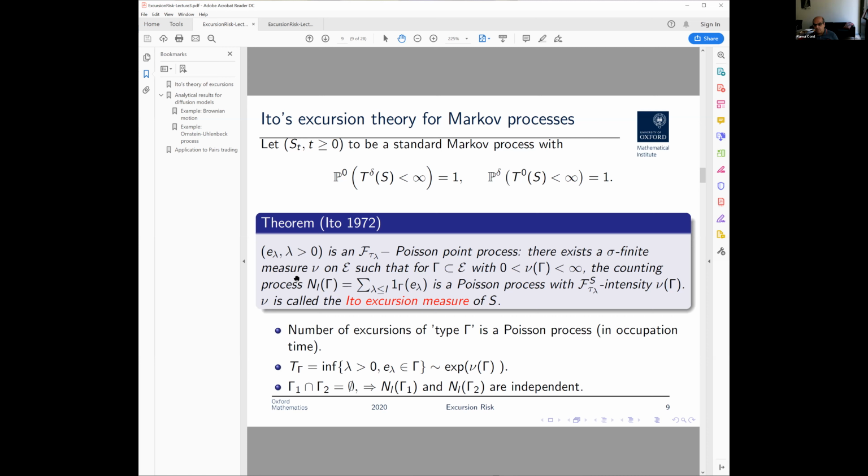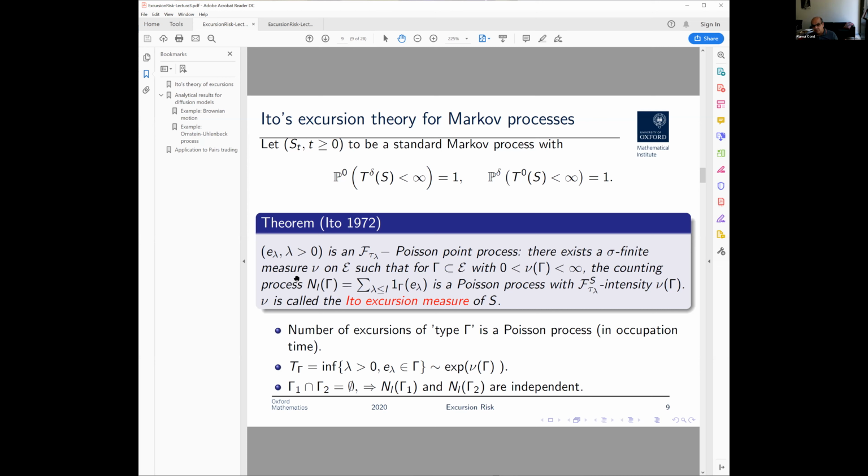What does that mean? Well, I defined in the previous slide what you mean by Poisson point process. It means that there exists some measure nu on the space of excursions. First of all, it's a Poisson point process with values in the space of excursions.